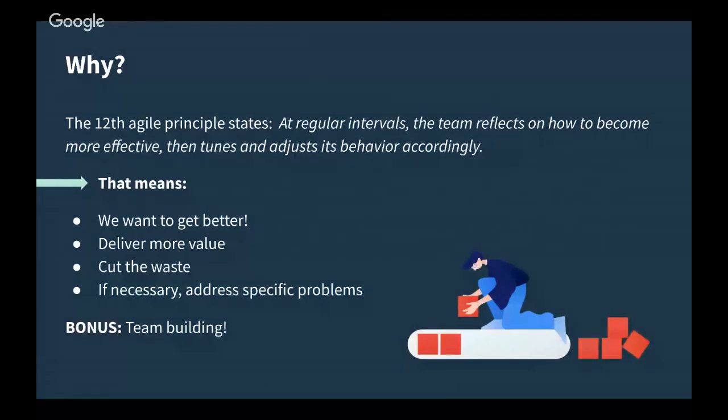What does this mean? Basically, we want to get better, and we want to deliver more value to our customers. We want to stop doing things that don't give us any value, so that's the waste. And if necessary, address specific problems.